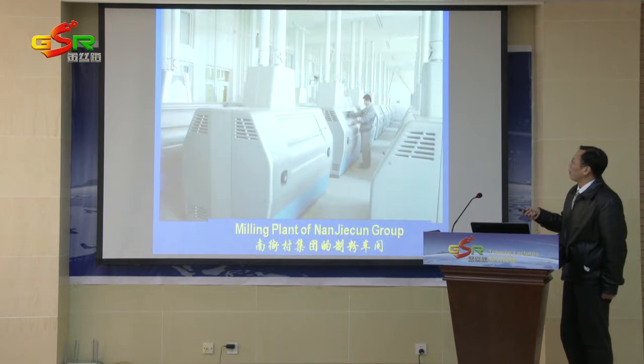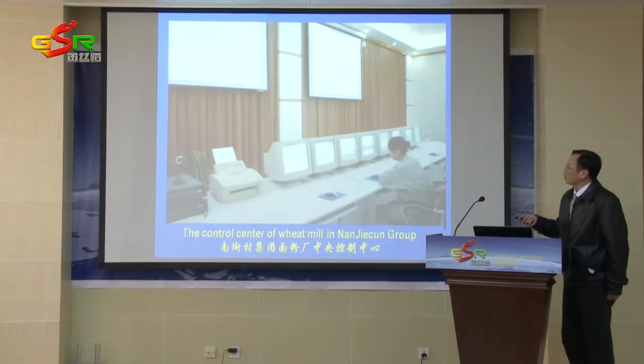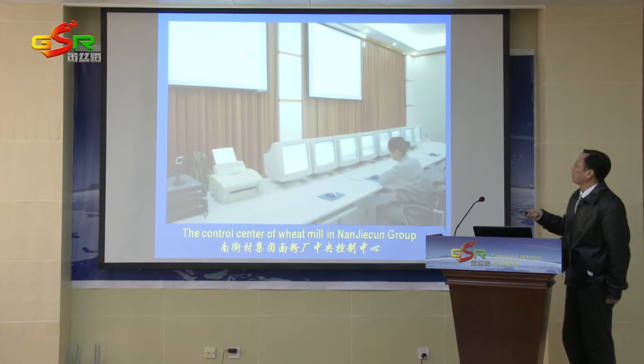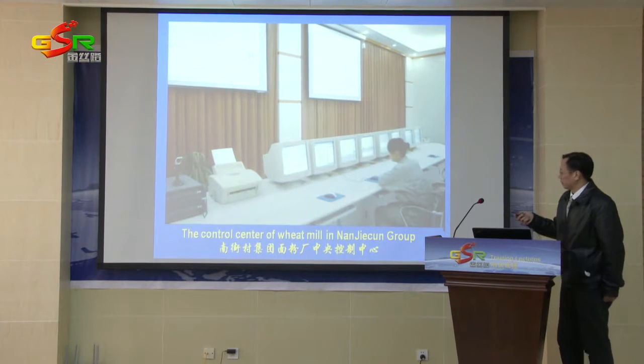And this figure shows the milling plant. And this is the control center of the wheat mill in Nanjing.